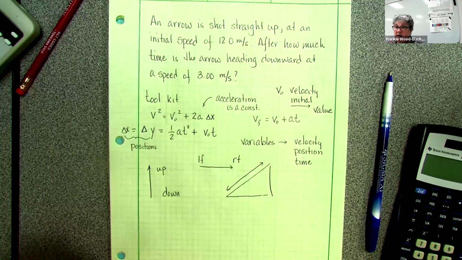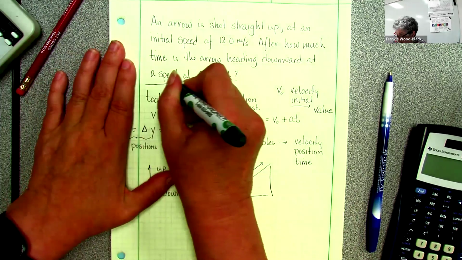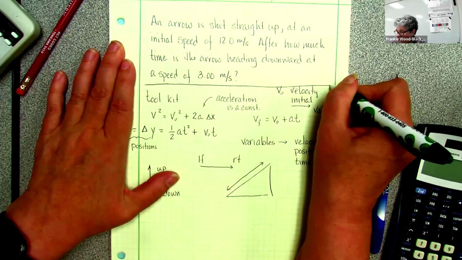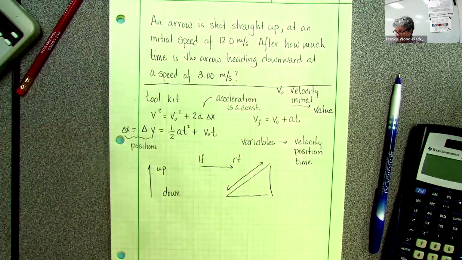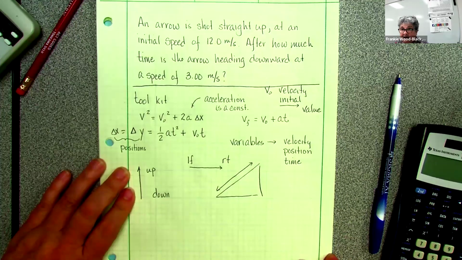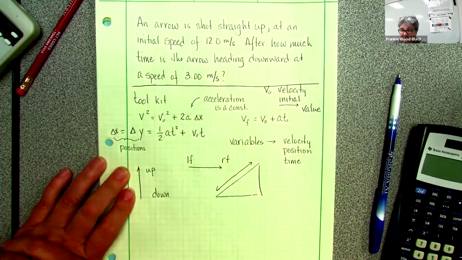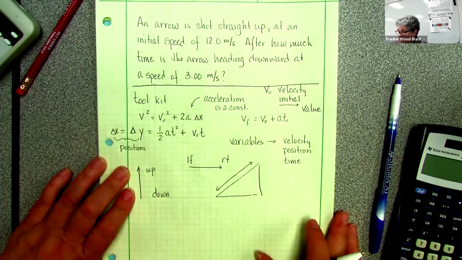I may be given that. A lot of times it'll be 0. But I have 3 variables: velocity, position, time. Now, if we go back to our problem here, let's read the problem again. I got an arrow that shot straight up. It's got an initial speed of 12 meters per second. After how much time is the arrow heading downward at 3 meters per second? So let's think about what this is going to do.